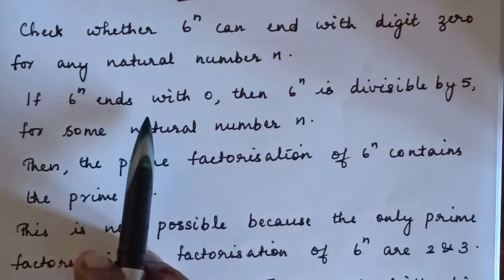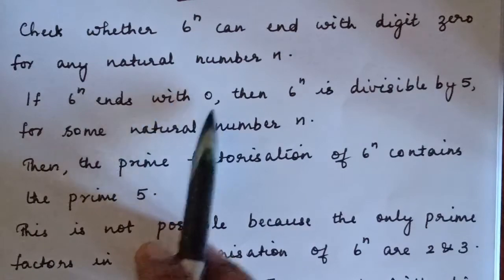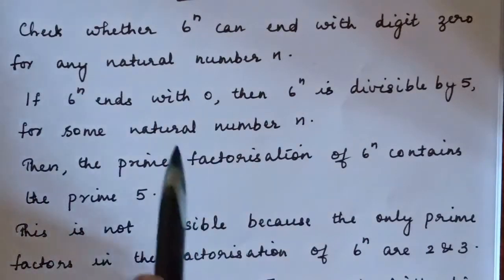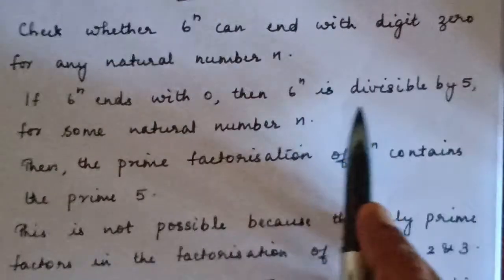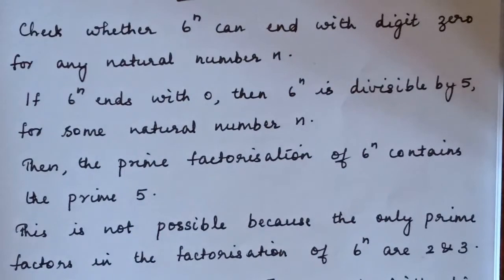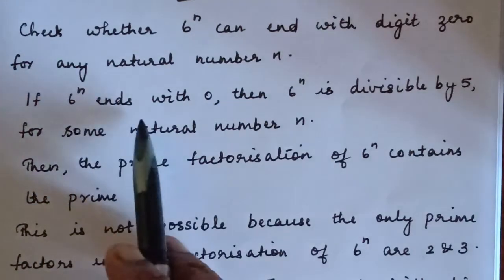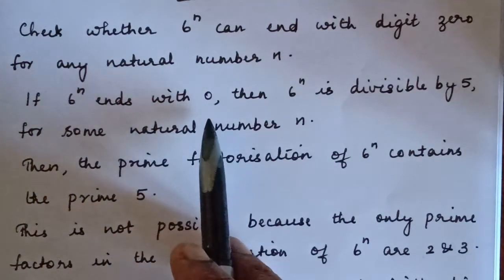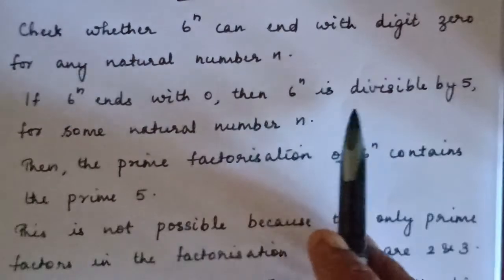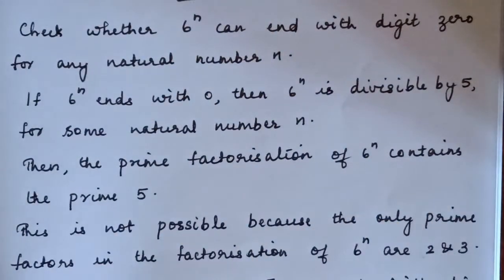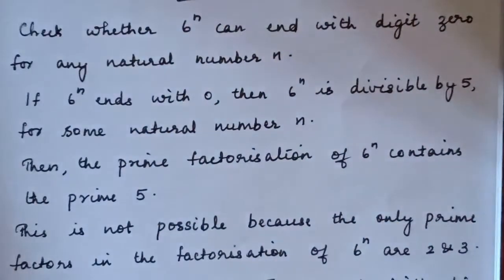If 6 raised to n ends with digit 0, then 6 raised to n is divisible by 5, because any number divisible by 5 ends with 0 or 5. So if 6 raised to n ends with 0, then 6 raised to n is divisible by 5 for some natural number n.